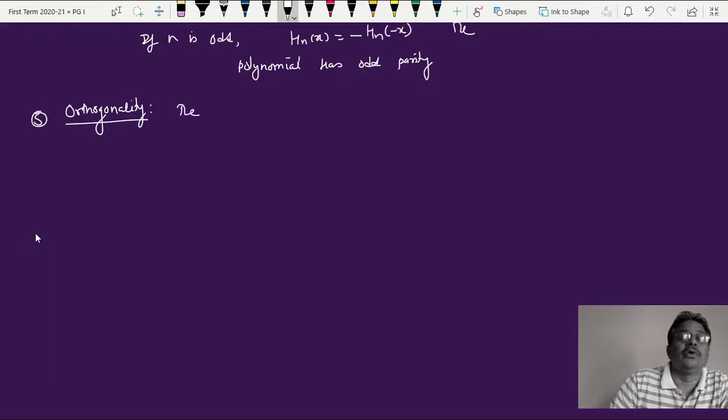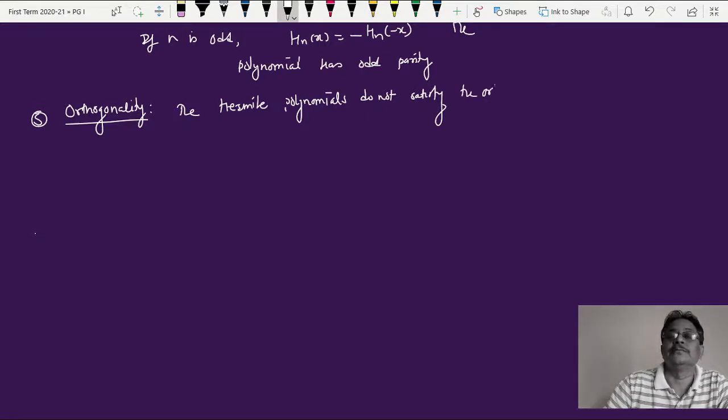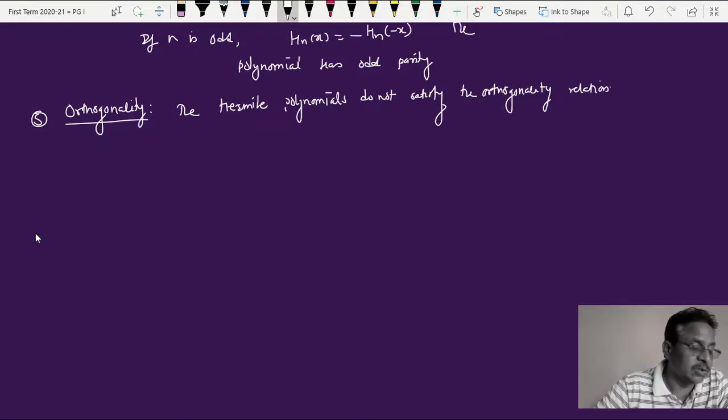The Hermite polynomials do not satisfy the orthogonality relation.